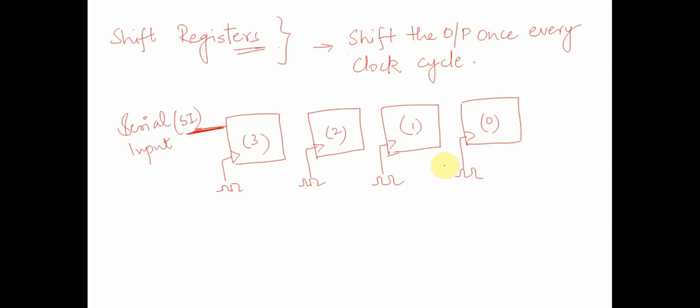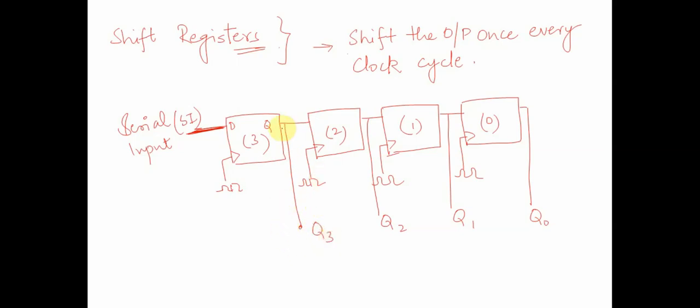What happens in such a case? This is D, this is Q, so on and so forth. It's D, this is Q, this is the output. Let's call it Q0, Q1, Q2, and Q3.